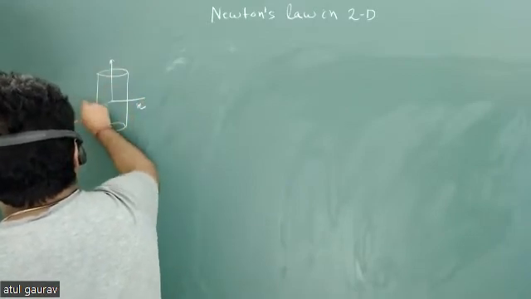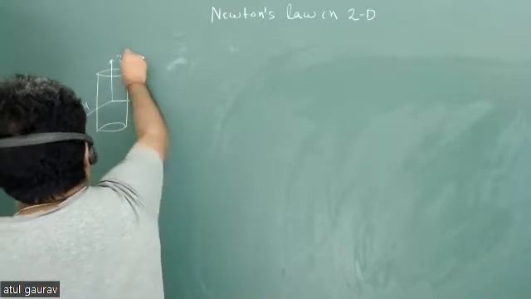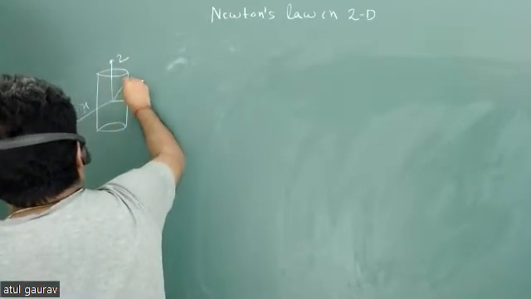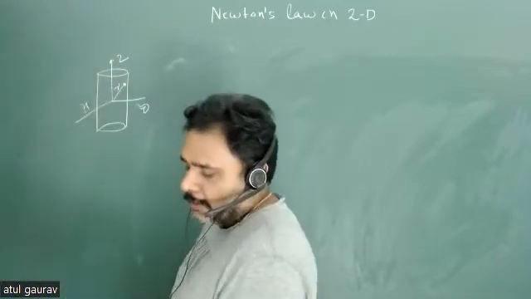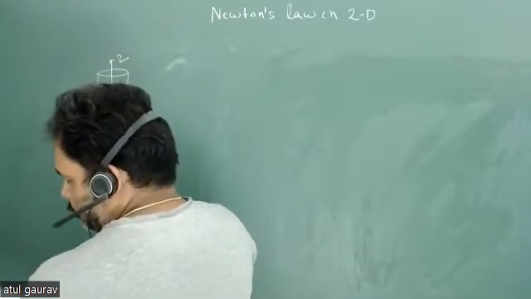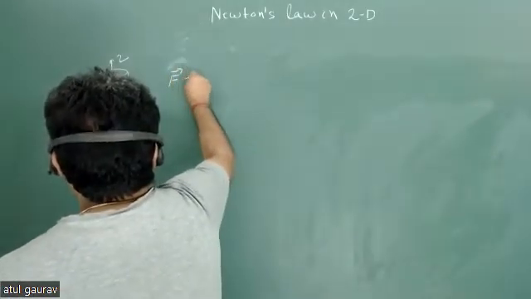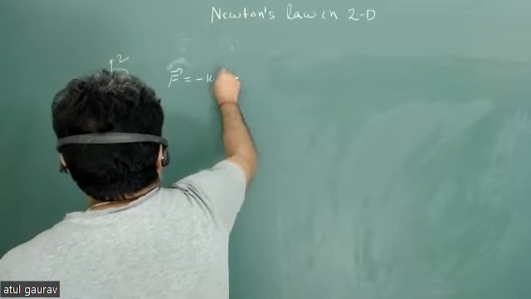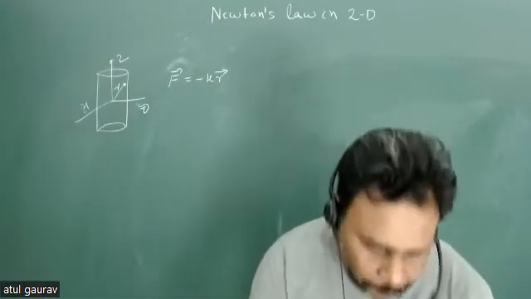You can say this is x, y, and this will be z. And on the surface of the cylinder, this is your r. And what is your force? Your force is given as F equals minus k r.